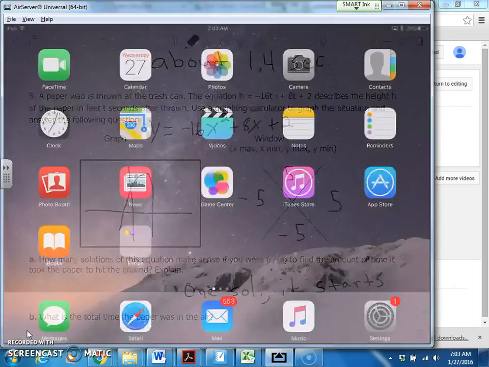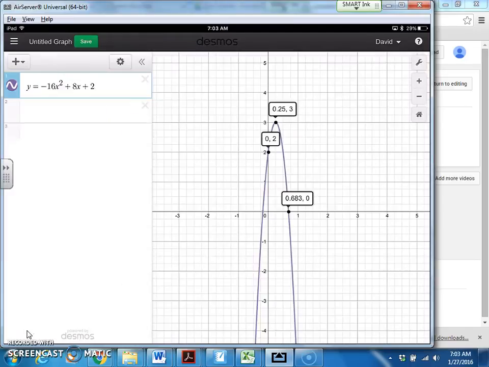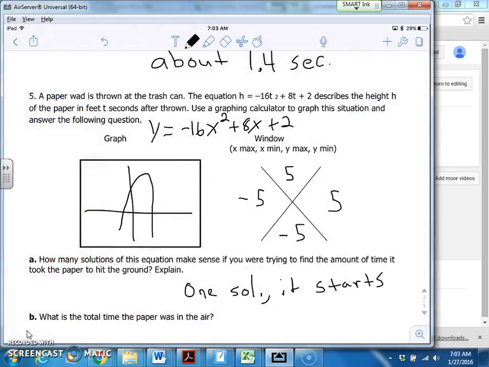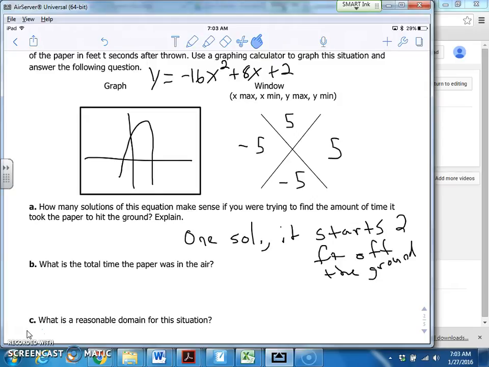And how high did it start? It starts 2 feet off the ground. So it starts 2 feet off the ground. Alright, sorry, that's a little sloppy. If you need to get caught up, go ahead and pause now. I'm going to move on.